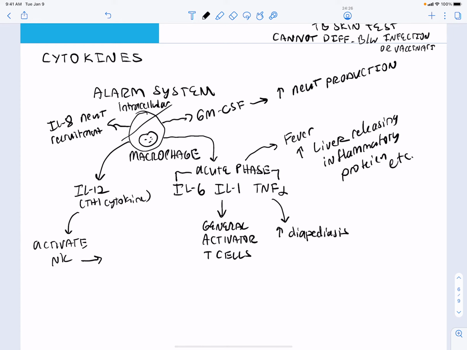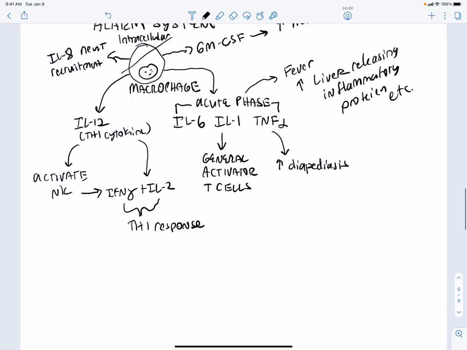Natural killer cells are going to make interferon gamma. And so the IL-12 plus the interferon gamma together are going to drive a Th1 response. Now your Th1 cells are going to, of course, be activated by your dendritic cells.